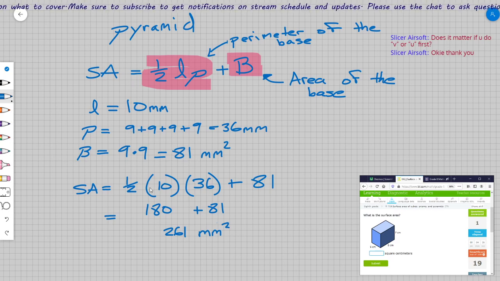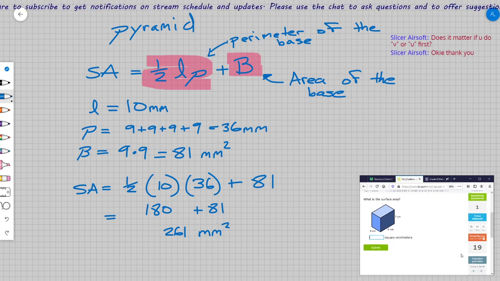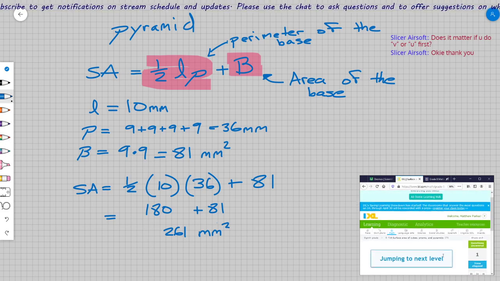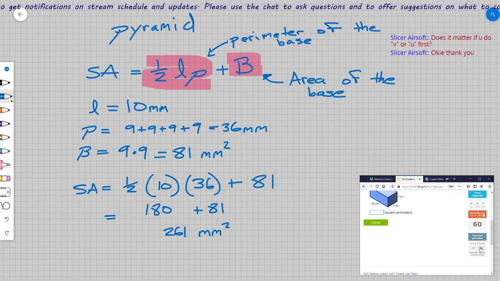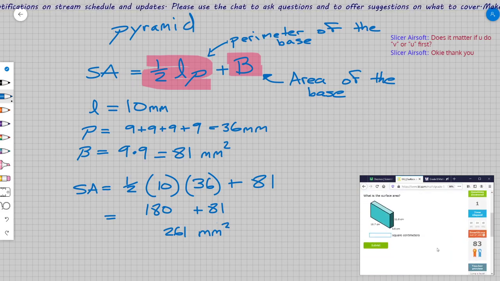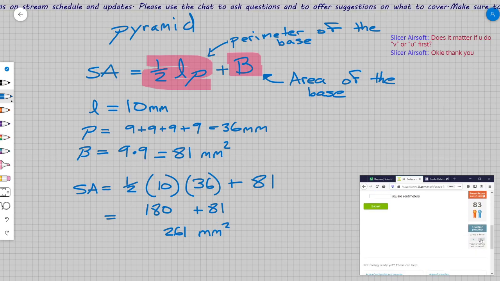What I'm going to do is change these dimensions. Let's see if I can get another one real quick. I'd like to do one more.